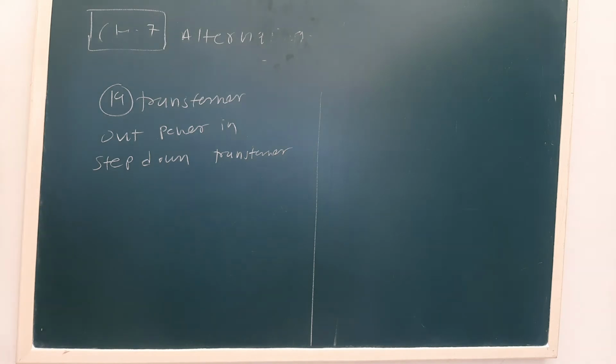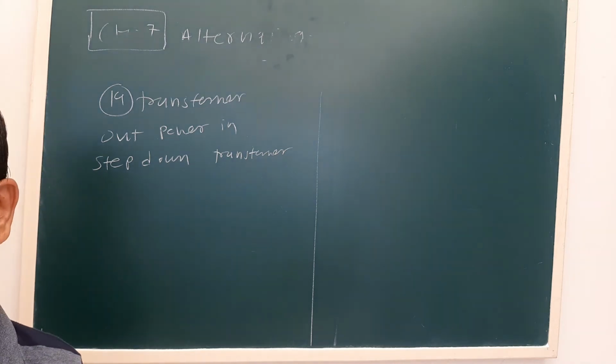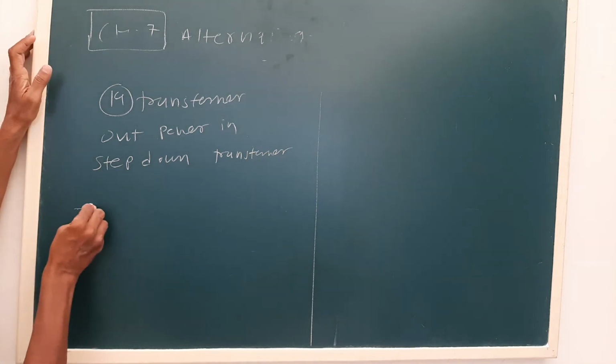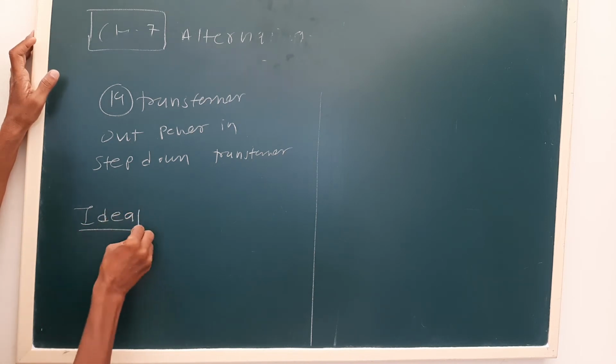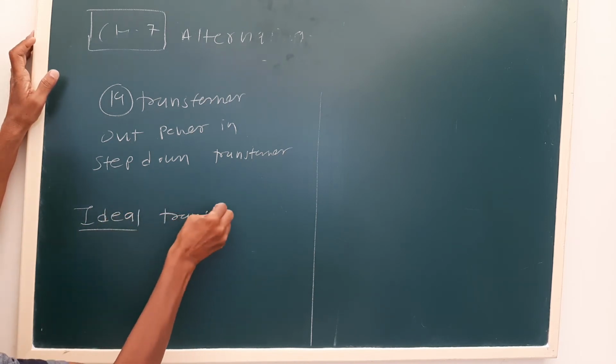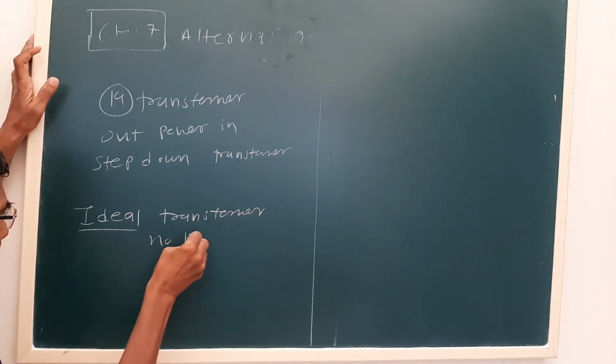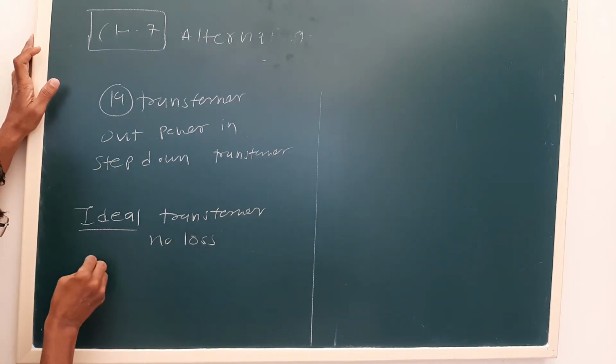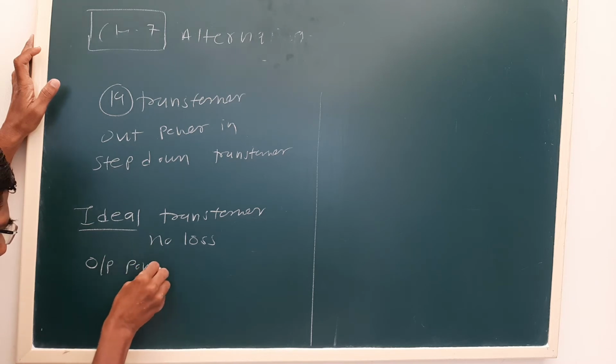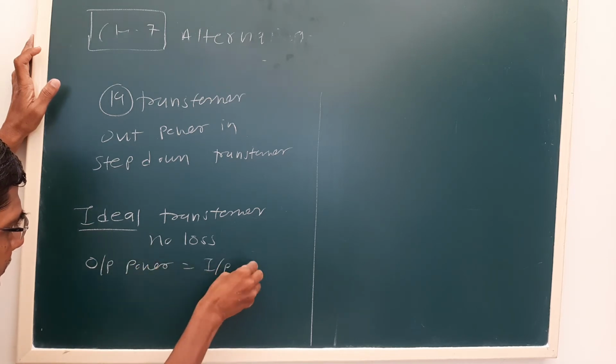Okay, now see, there are two possibilities. First, if it is given as ideal transformer, then there are no losses, therefore output power will be equal to input power.